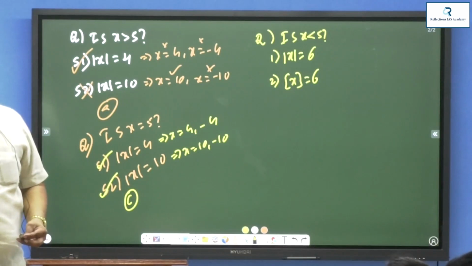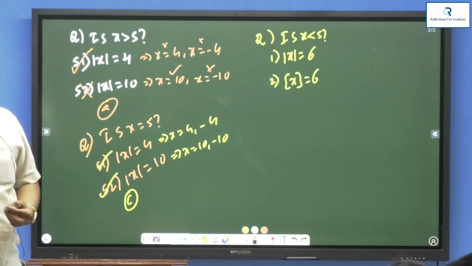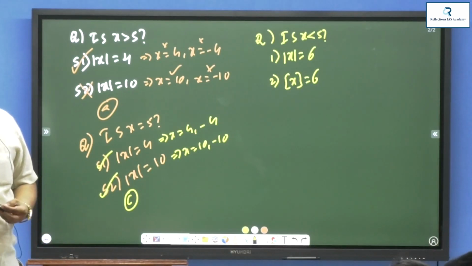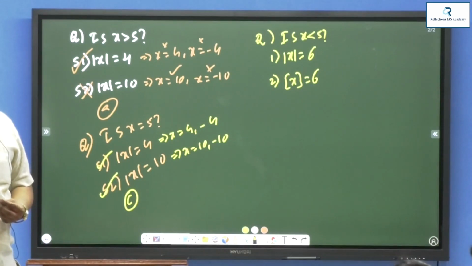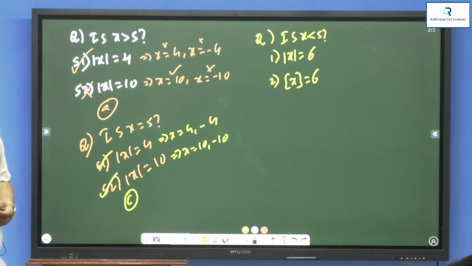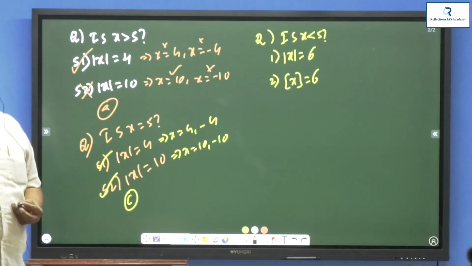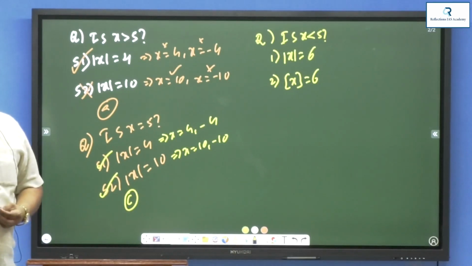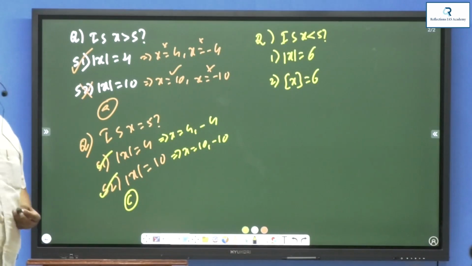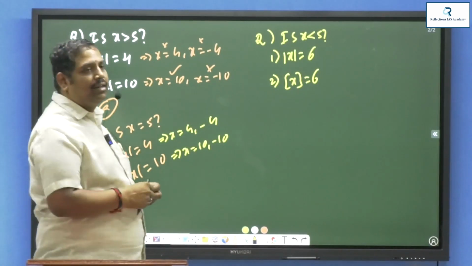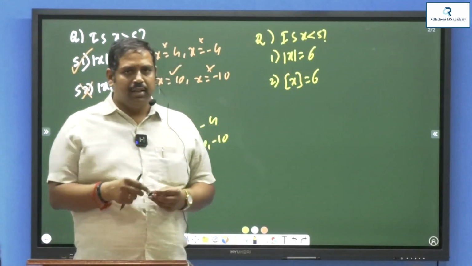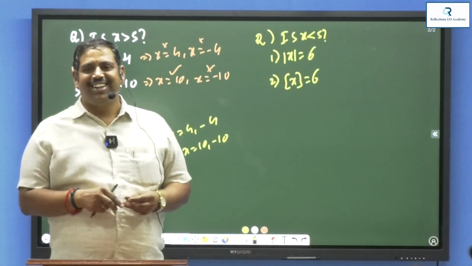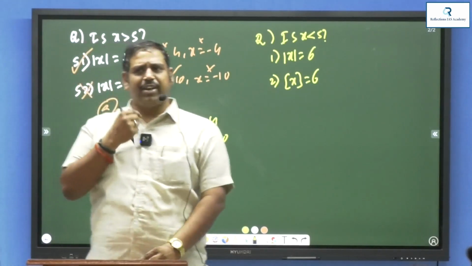Which one? D for Delhi. Doll. Darling. Chennai. D for Delhi. C. Shall we try once?